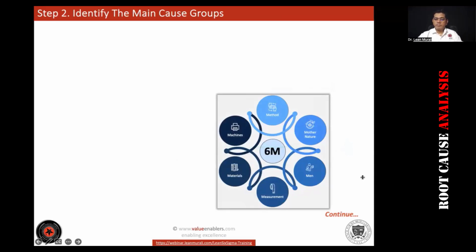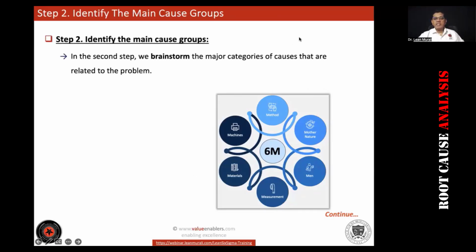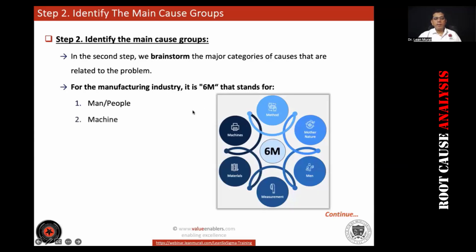So 6 M's. So main cause groups, the second step, we brainstorm major categories that are related to the problem. It need not be always 6 M's. It can be in any other category also. For the tire industry, the 6M stands for man, people, machine, material, method, measurement.